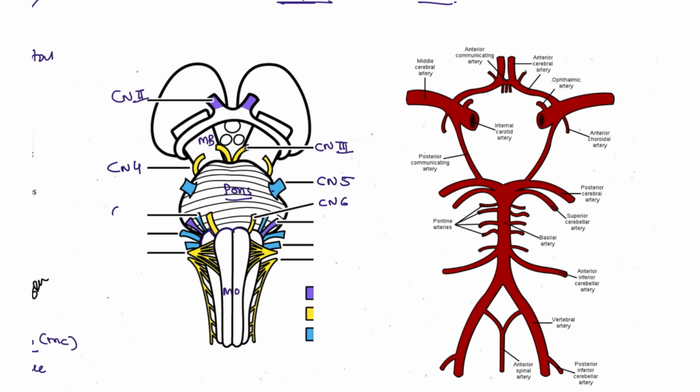This is the CN7 and this is the CN8, that is the vestibulocochlear nerve, and here you can see this is CN9, glossopharyngeal nerve. And next here we have the 10th nerve. This is the CN10, this is the CN11, and the major one that is passing here is the CN12.